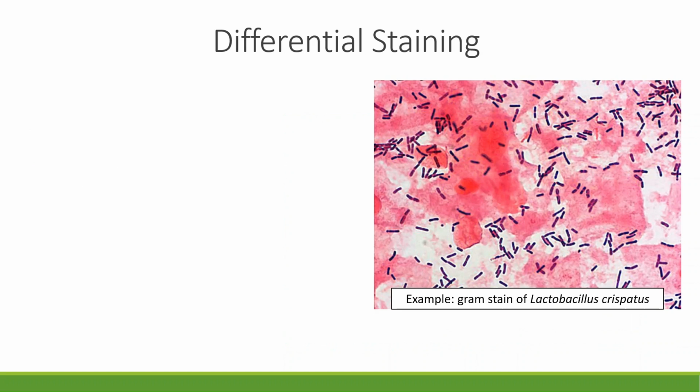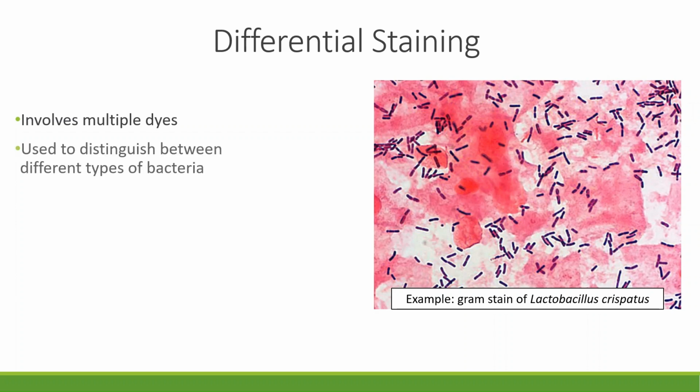Now, differential staining involves identifying an organism from possibly other organisms. Differential stains tend to be much more complex because they involve multiple dyes, at least two. What makes it a differential stain is that it is used to distinguish between two types of cells, typically bacterial cells.